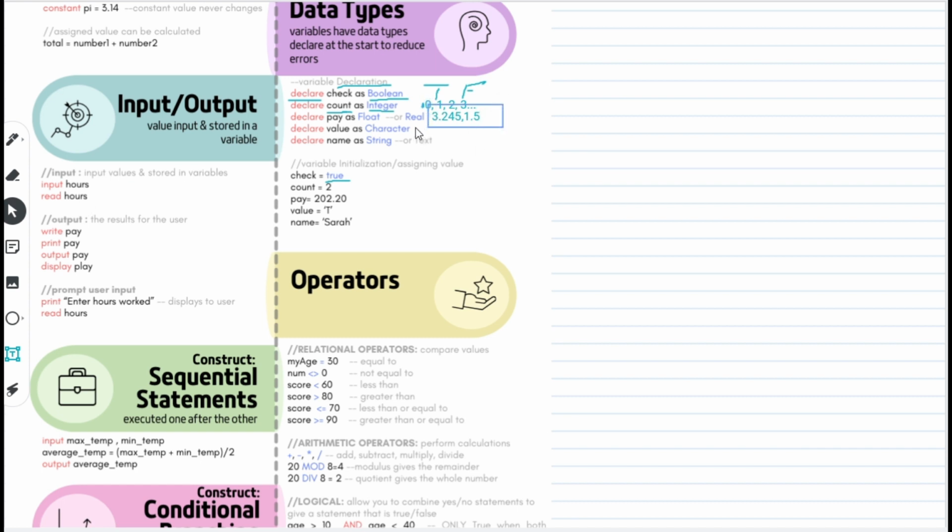Next thing is a character. That's another data type. It stores a single keyboard character. So characters can be numbers, they can be letters, right? Usually you put them in quotation marks, a single quote.